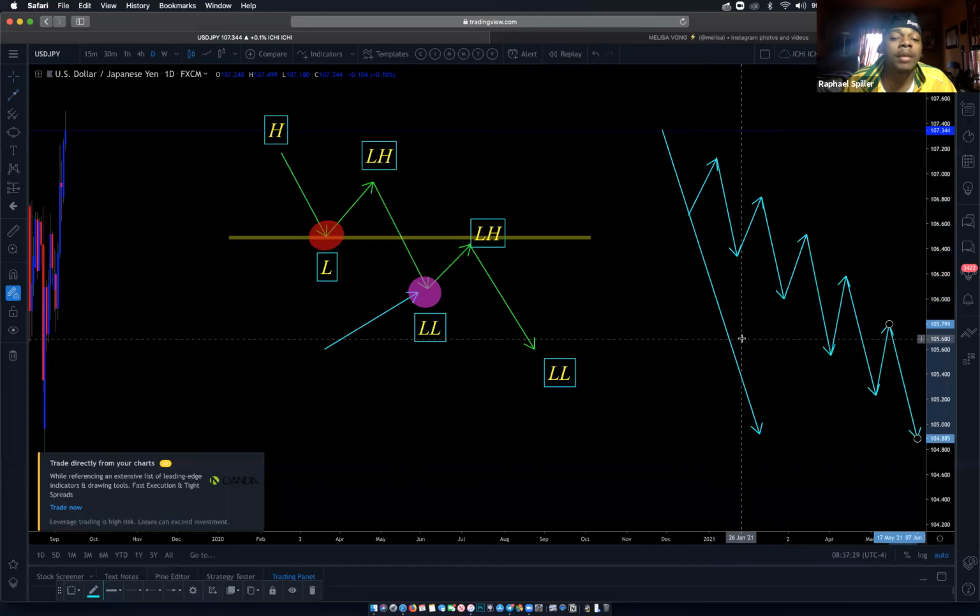Put a 1 in the chat if that makes sense. Put a 2 in the chat if it doesn't. Yes, the market has to come back and make a pullback before, if we're on a downtrend, the market does not just shoot down. The market has to pull back in order to continue going straight down.